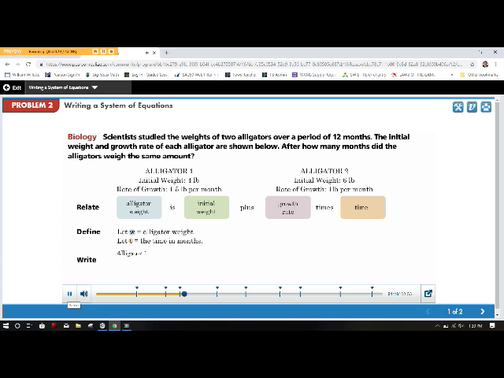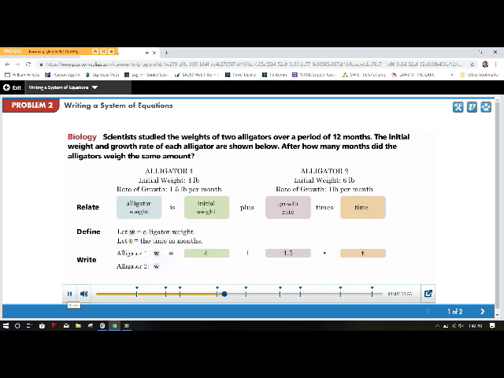First, write an equation that represents the weight of alligator 1. The alligator weight can be represented as W. Is means equals. The initial weight of alligator 1 is 4 pounds, plus the growth rate of alligator 1 is 1 5/10 pounds per month, times time is represented by T. Now write the equation for the second alligator.